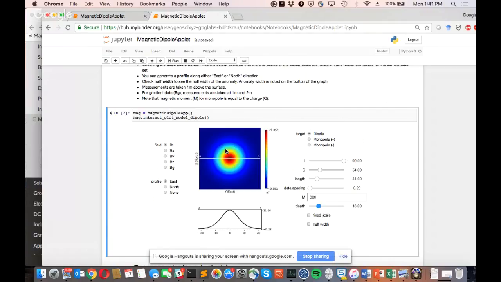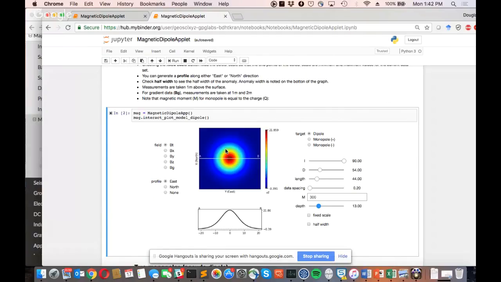Now what happens if I go up over here? If I'm on this side, the magnetic field lines are coming up like this, and someplace over here my anomalous field is going to be pointing in the opposite direction.